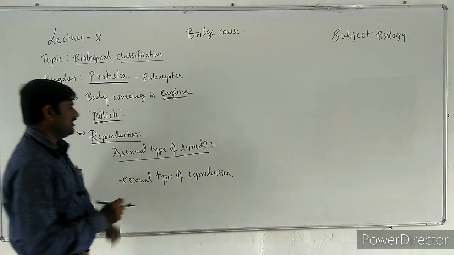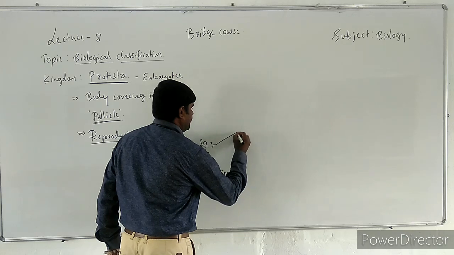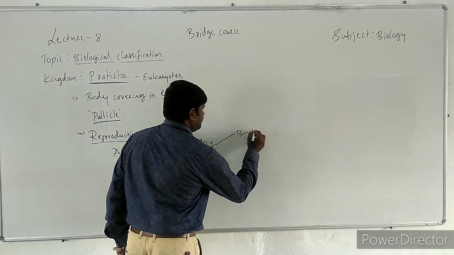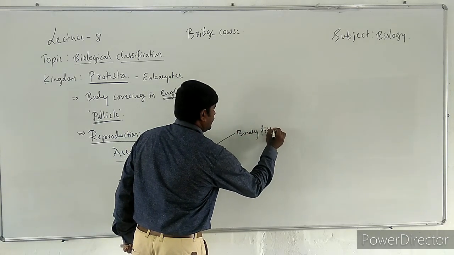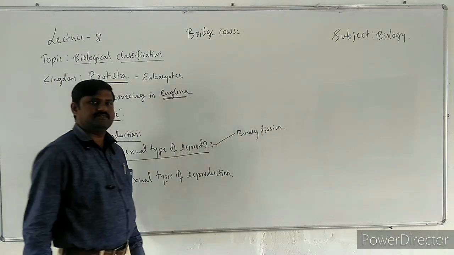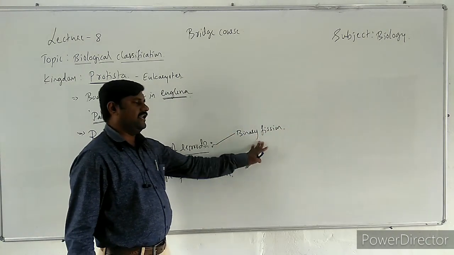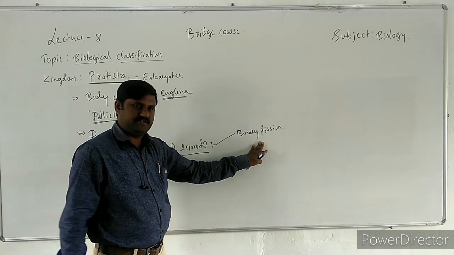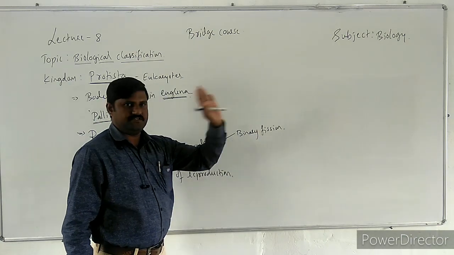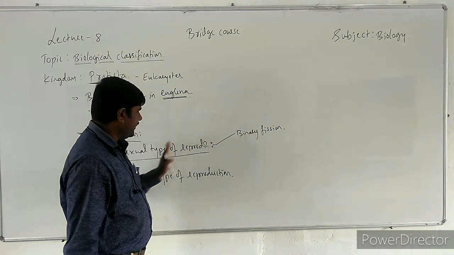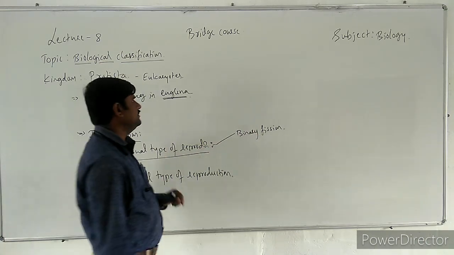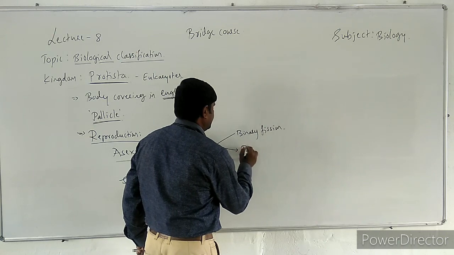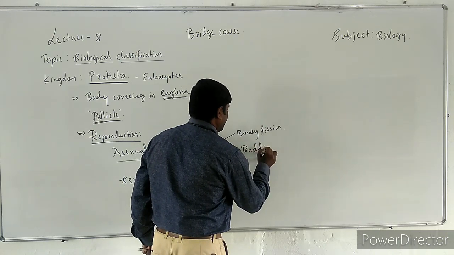Asexual reproduction usually occurs by binary fission. Yesterday I had explained what binary fission is: a cell divides into two equal sized daughter cells. Binary fission is one method of asexual reproduction in these protistans, and sometimes budding also occurs.